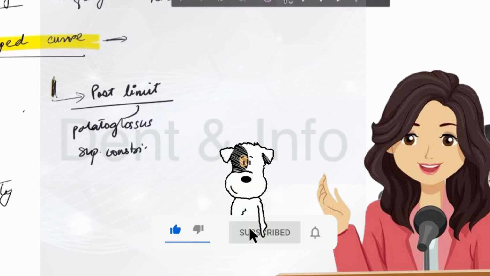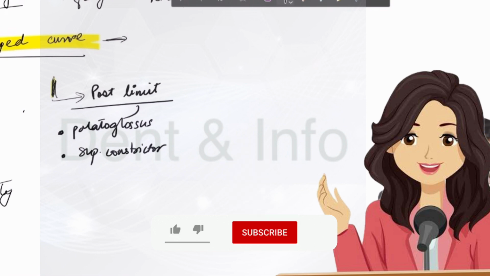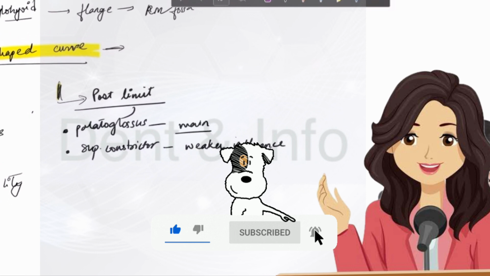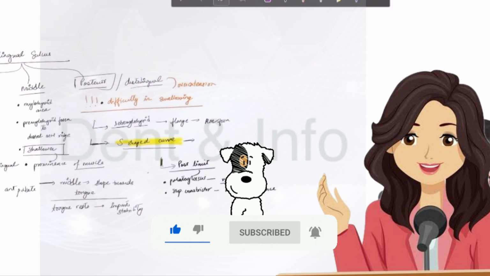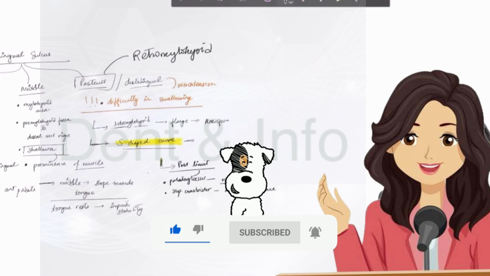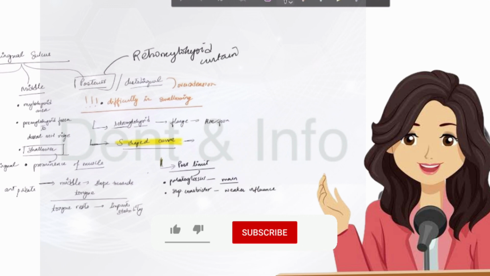If you have a weaker superior constrictor, or rather the superior constrictor has a weaker influence, the main influence is your palatoglossus muscle, which is going to determine the posterior limit or posterior border of your denture. So this region is sometimes also called the retromylohyoid curtain region.